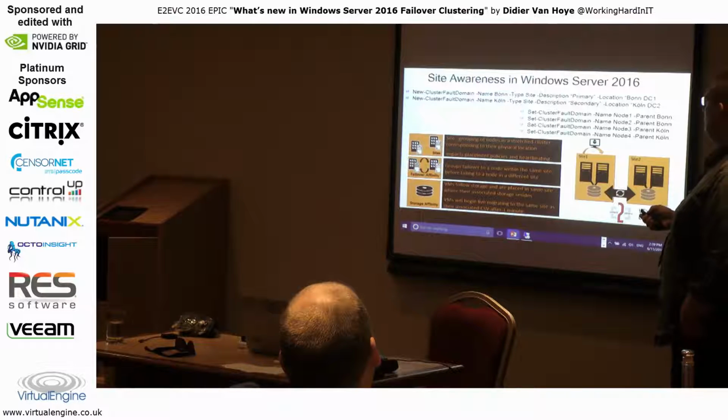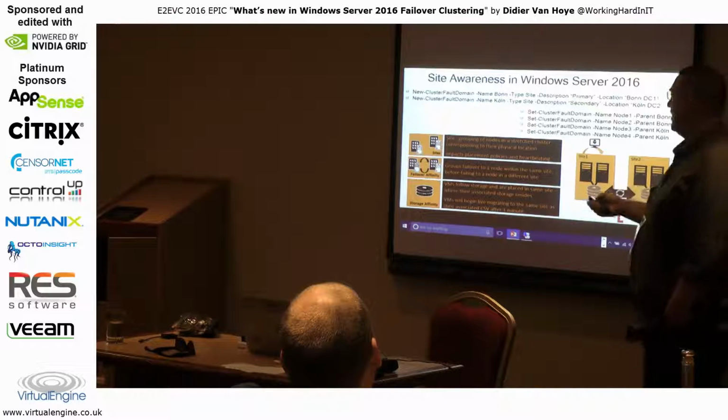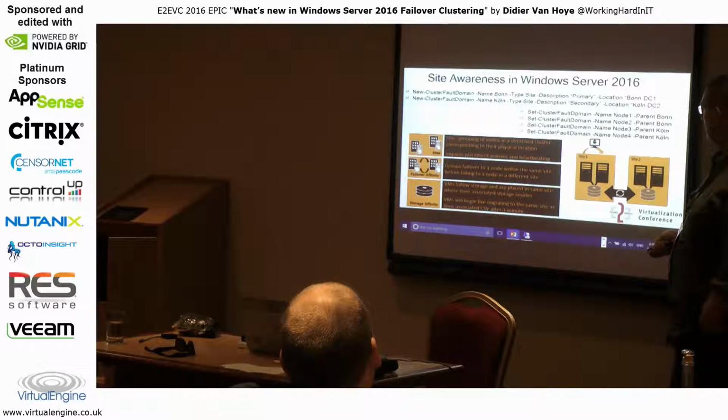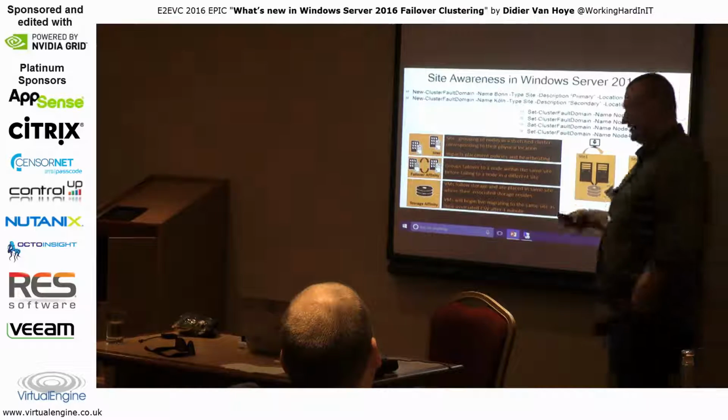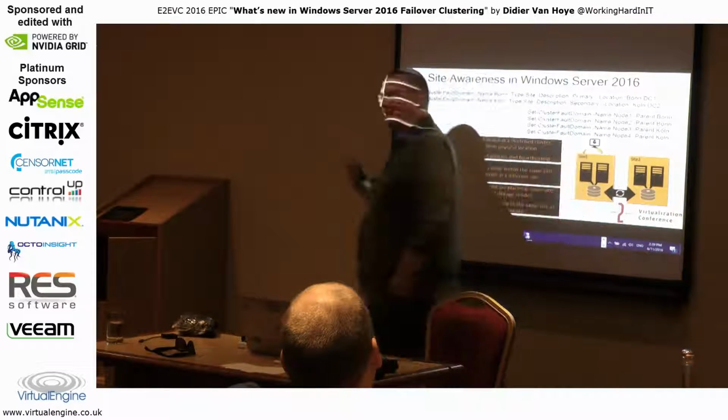So you define 2 cities somewhere in Europe. One is primary, one is secondary, and then you just say, hey, these 2 nodes, that fault domain is city Bonn, and the other 2 are in Köln, right? That's what they do. And then all the behavior of that cluster then becomes tied into that site awareness.